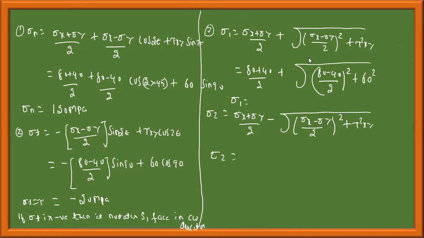What is sigma 1 and sigma 2? 80 minus 40 by 2 is 20, 20 square plus 60 square, root of that. How much is that?